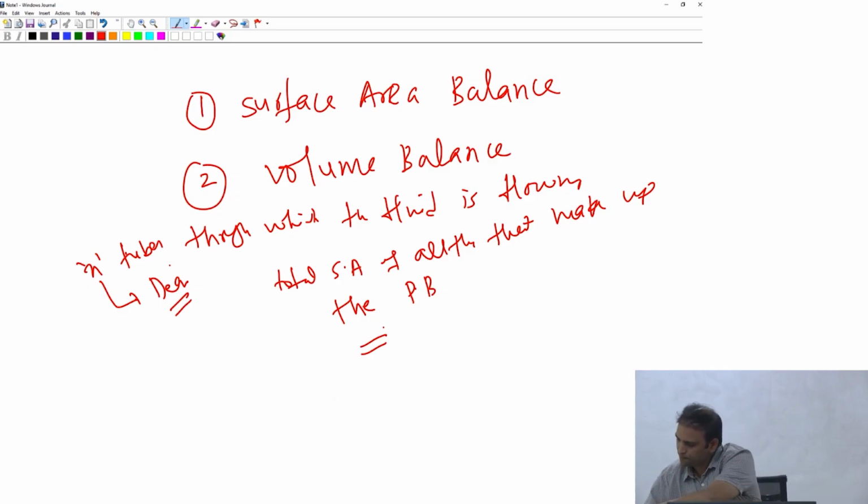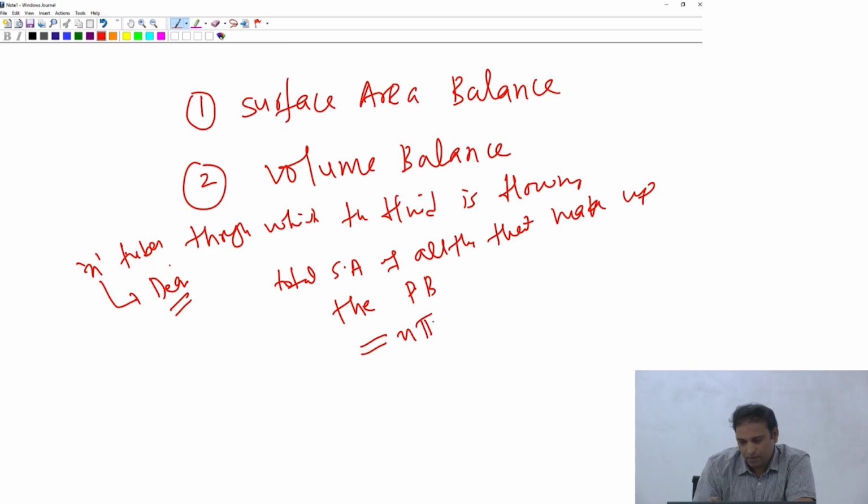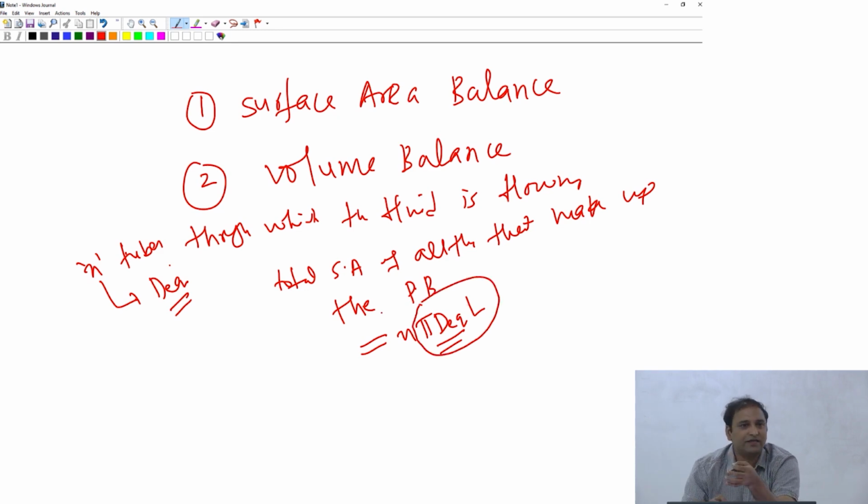That's going to be n times pi D equivalent times L. Because you have tubes, your perimeter times the length gives the total surface area available for the fluid to flow through. That multiplied by n gives the total surface area of all the channels put together. Is that okay?